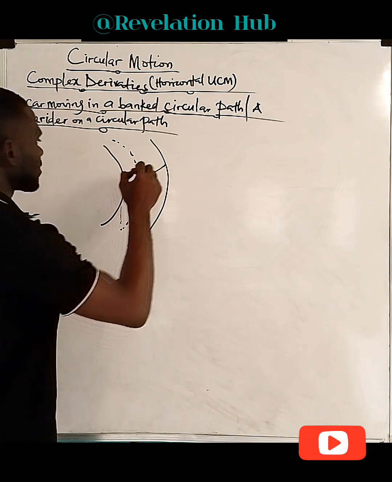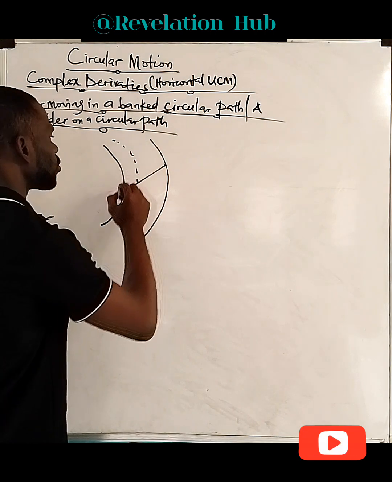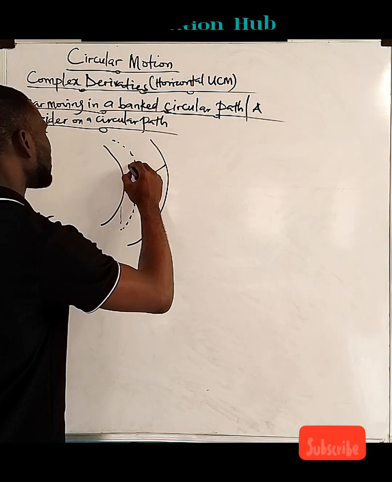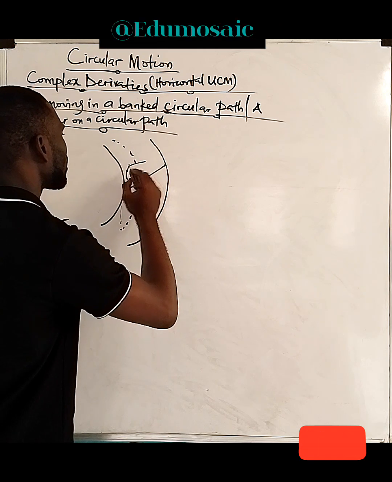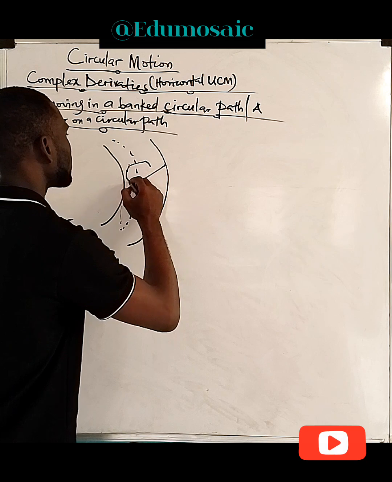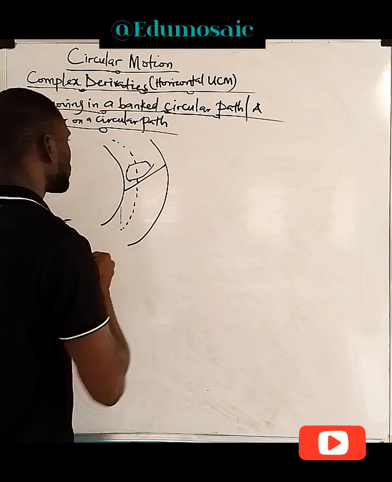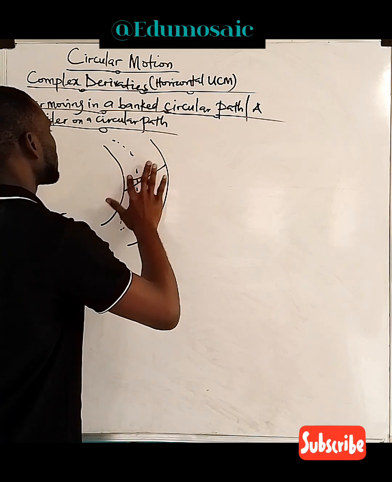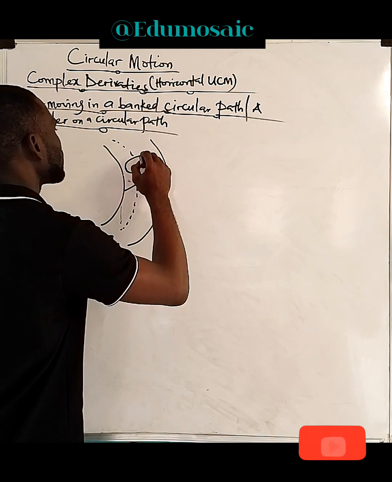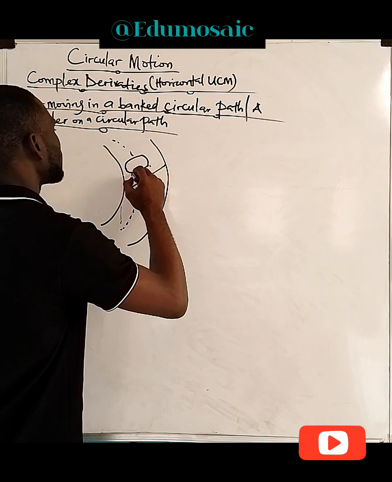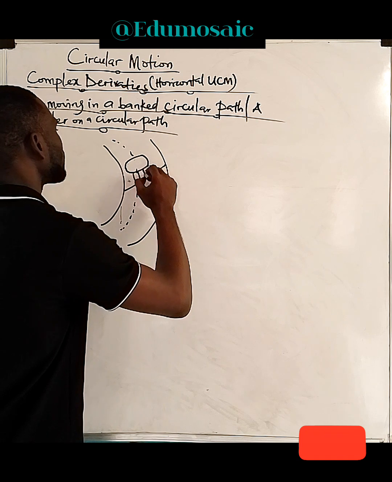So let's say we have a car. Let me try my best to draw this. Let's say we have a car like this at this point, and we have the road.